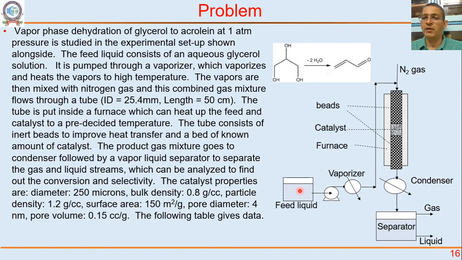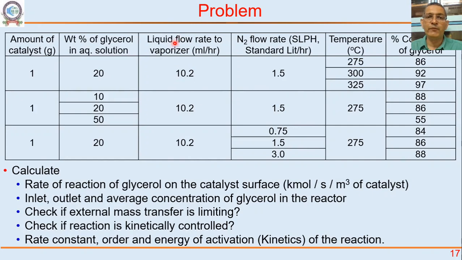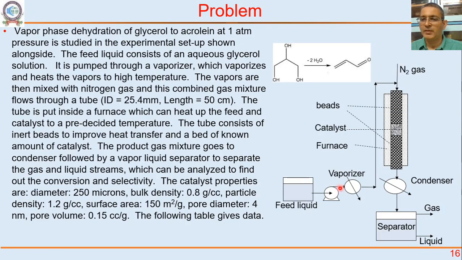Aqueous solution of glycerol is here. Flow rate is 10.2 ml per hour here. Liquid fed. Liquid flow rate, it is before the vaporizer, 10.2 ml per hour. Obviously, vapor volume will increase.